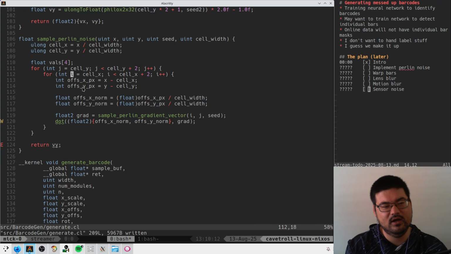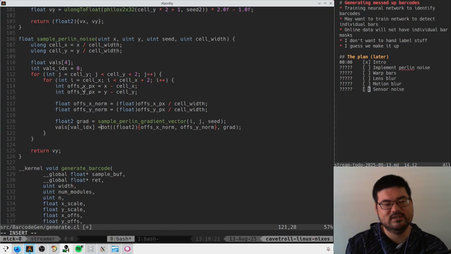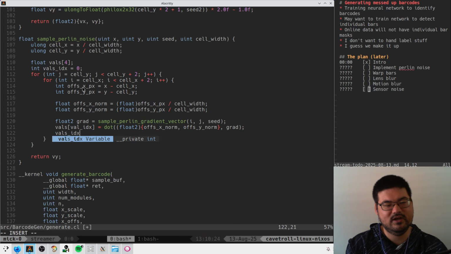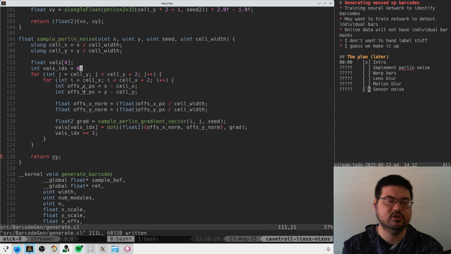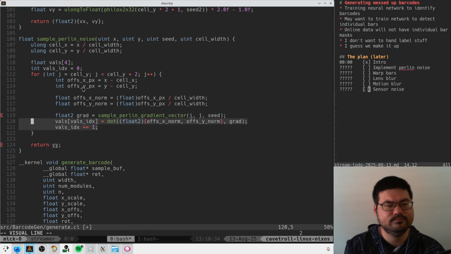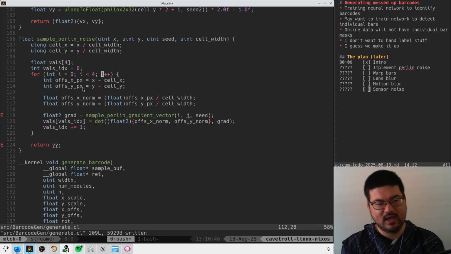And then voxels index is equal to 0 or something. And then voxels val index is equal to this. Voxels index plus equals 1. We could do something more intelligent here, right? Like a single for loop: for int i is equal to 0, i is less than 4, i plus plus, and then we figure out the x and y.